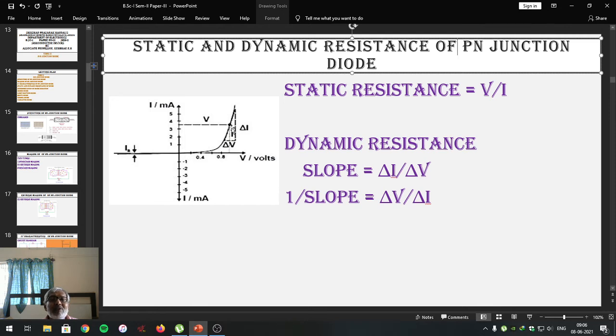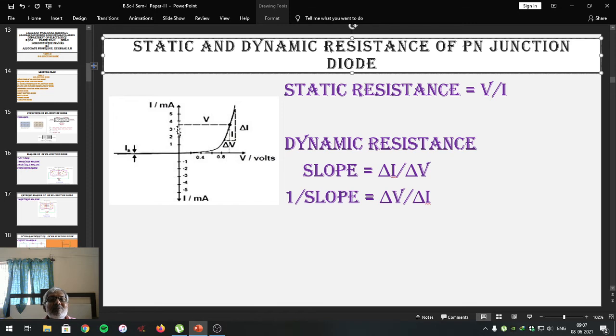Select any point on that particular curve, or draw a line parallel to the x-axis which will intersect the current axis at this point, or draw a line perpendicular from the point on the characteristics to the x-axis, that is the voltage axis. It will represent the voltage. By taking a particular point, it will represent the forward voltage here and reverse voltage here.